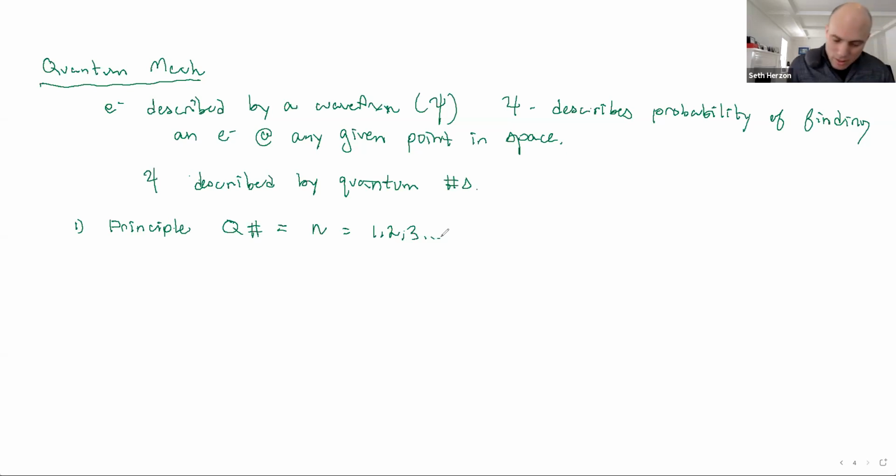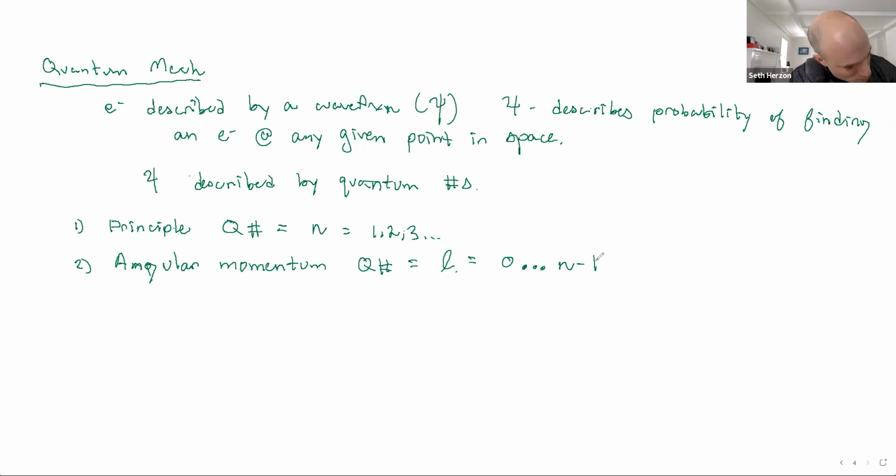The second quantum number that we need to worry about is the angular momentum quantum number, abbreviated L, and it can take the values 0 to n minus 1. So it depends on the principal quantum number.